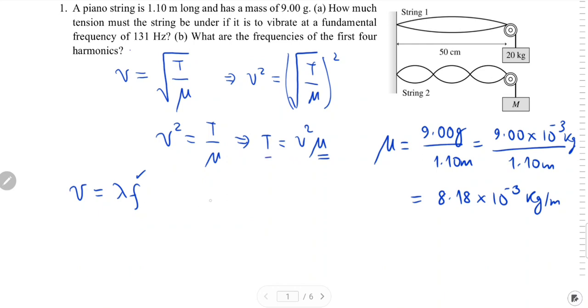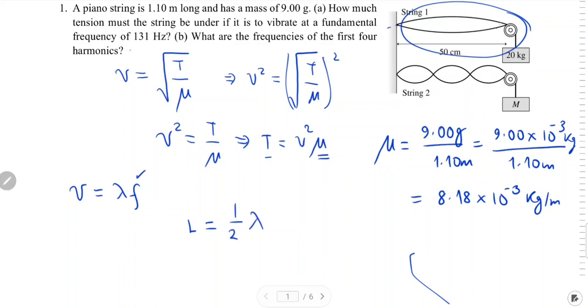So let's find lambda. Here we see that this is the first mode because there's one antinode. Or we can just say that in this length L, the length from node to node, there is half the wavelength. So this length fits half the wavelength.